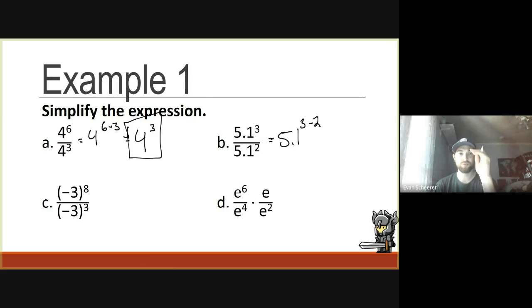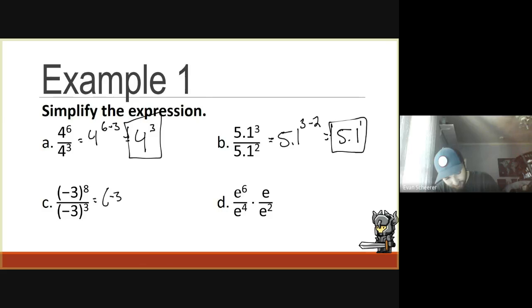Notice it's always the numerator minus the denominator, which just equals 5.1 to the 1st. So guys, you don't need that, so just 5.1. But if you want to put that, that's okay. Next one, this is going to be negative 3 to the 8 minus 3 power, right? Which is just negative 3 to the 5th power.